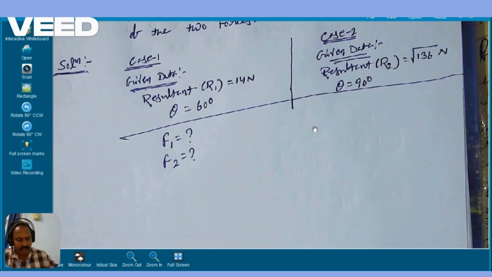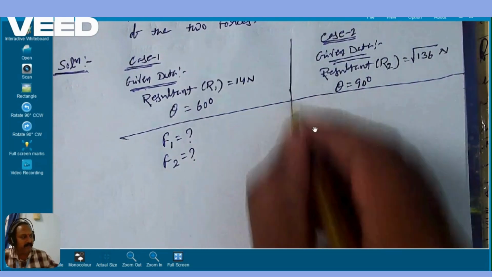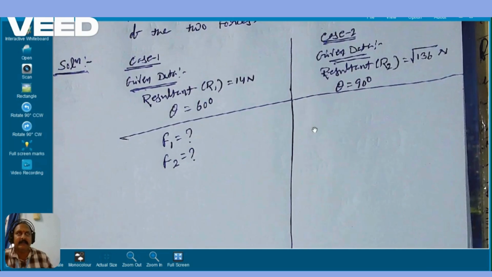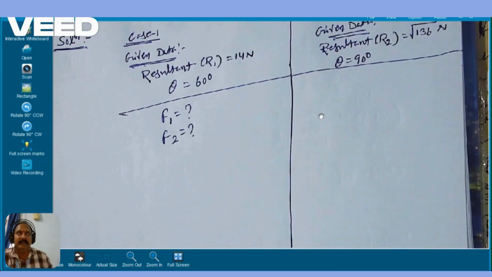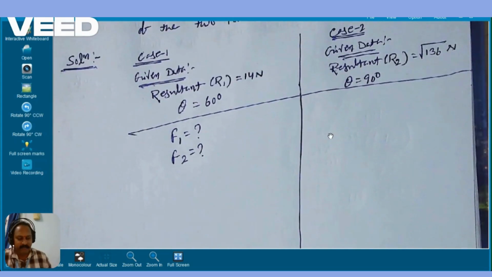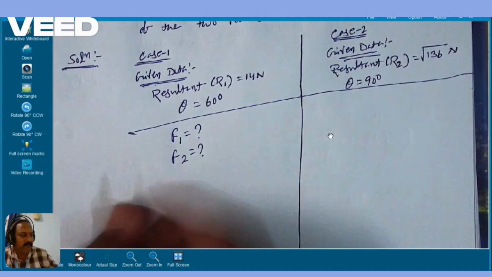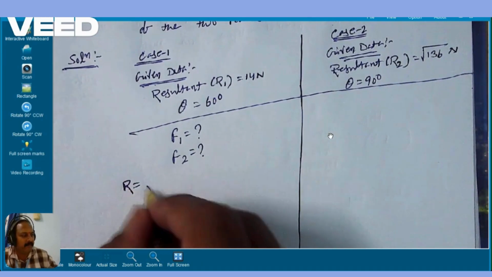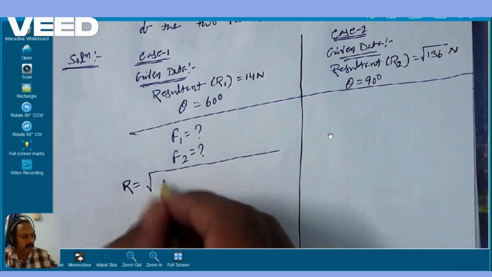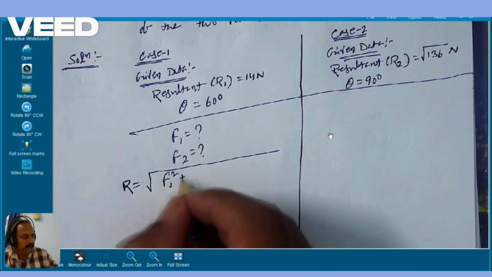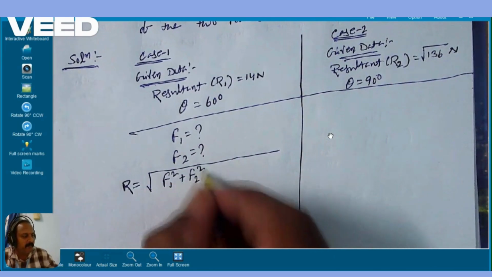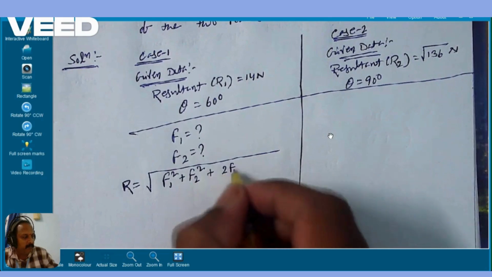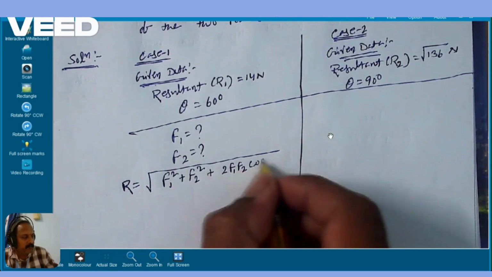So let us evaluate the first case initially, then we'll go to the second case. As given in the first case, we know the formula for resultant as per the parallelogram law of forces: R is equal to root of F1 square plus F2 square plus 2F1F2 cos theta.